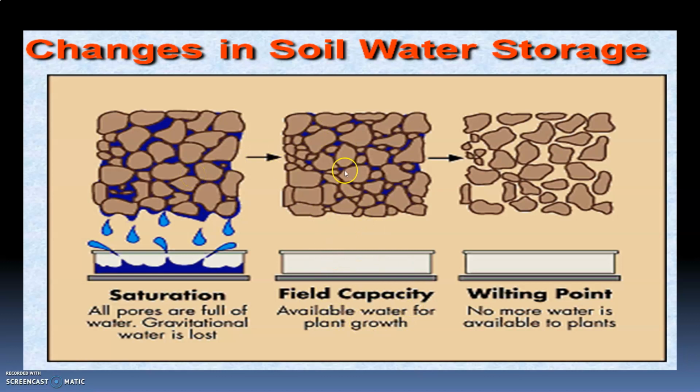And here this is the field capacity, meaning this water is available for plant growth. After that, at the wilting point, no more water is available to the plants. All the water is already absorbed by the plant, so no more water is available. This condition is called the wilting point.